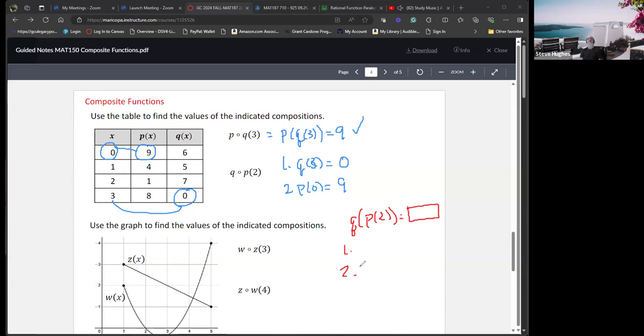What's the 2-step process that can help me determine that? All right, is it 5, everybody? What do you guys think? Is it 5?